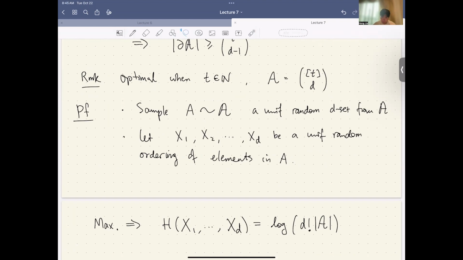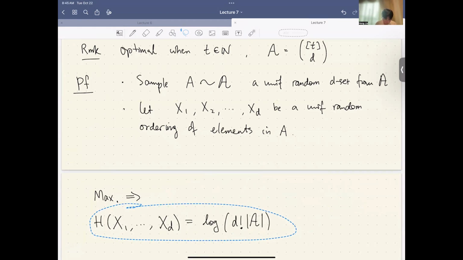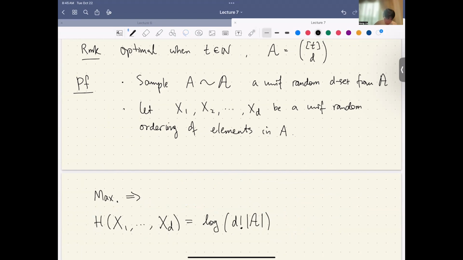Let me first rewrite this. We know A equals t choose d. So let's use that information.